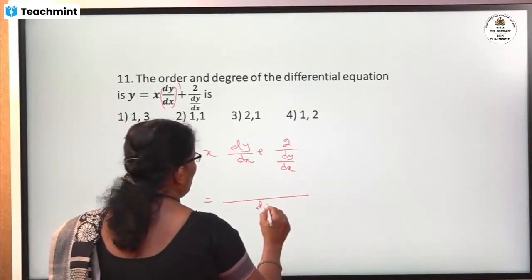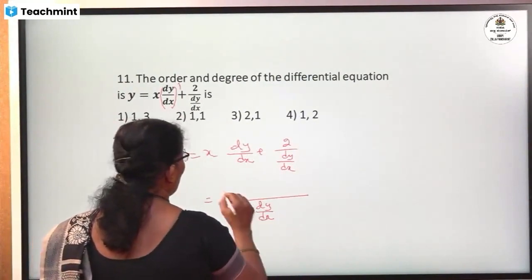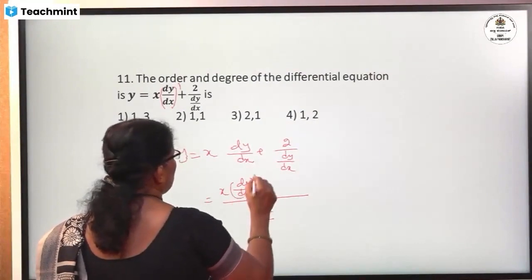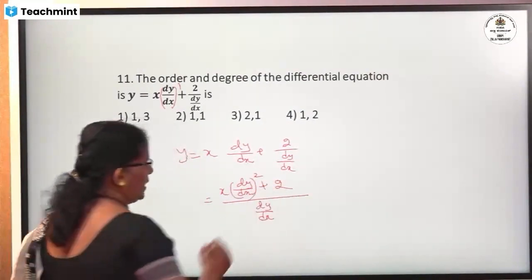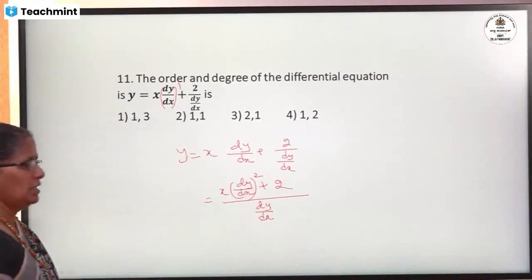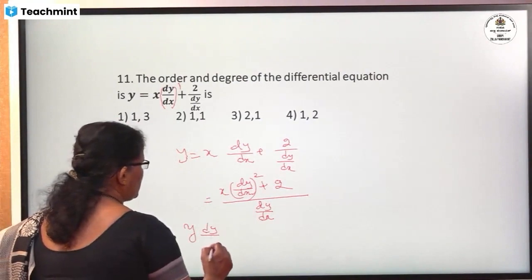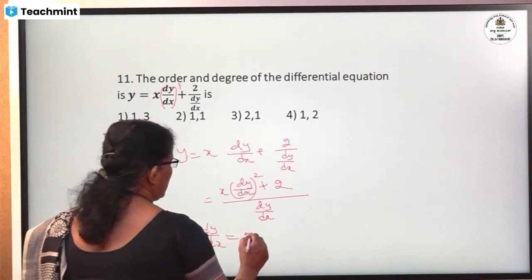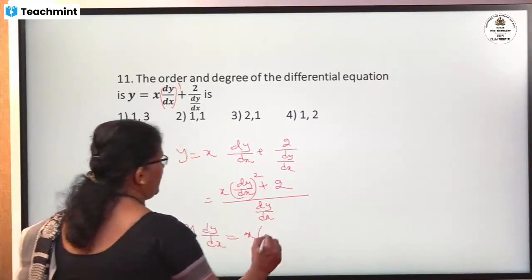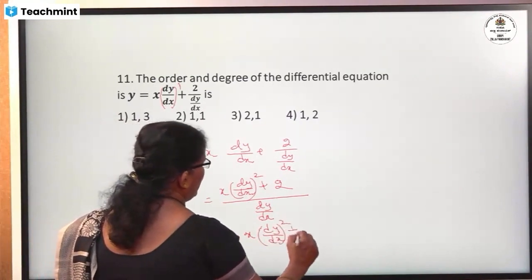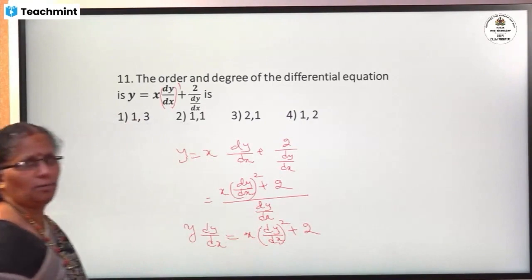You have to make dy by dx as common denominator. It becomes x dy by dx whole square plus 2. And if I cross multiply, what I get is y dy by dx is x into dy by dx whole square plus 2.